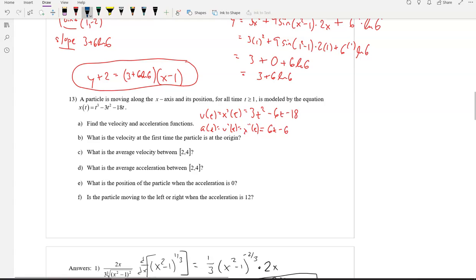I'm going to do this in a different color to contrast a little bit. Okay, so Sarah, what clued you in that it was the position that we want to set equal to 0 here?